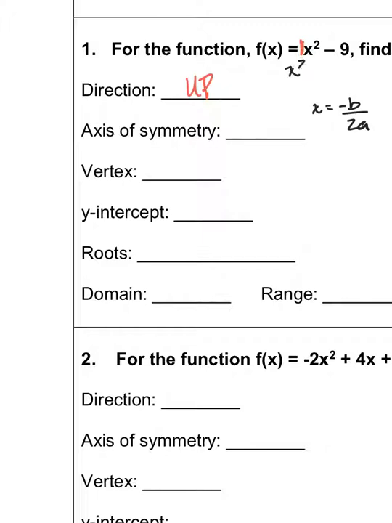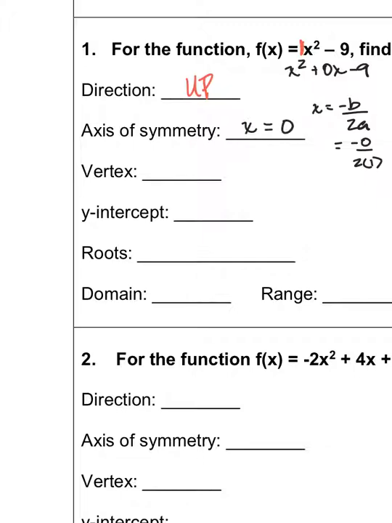I could rewrite this as x squared plus 0x minus 9, that's the same thing. And so my b value is 0, and so this would just be negative 0 or 0 over 2 times 1. Regardless, my axis of symmetry is x equals 0.